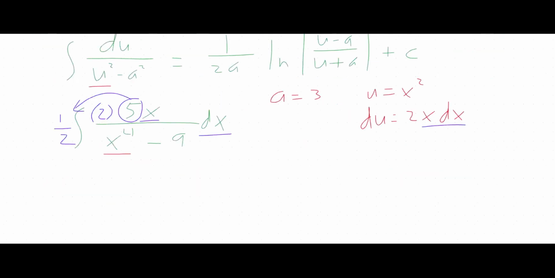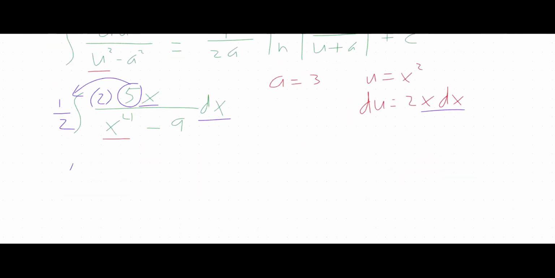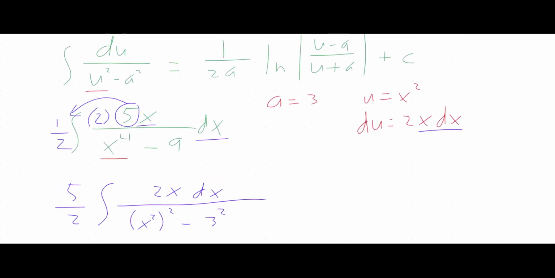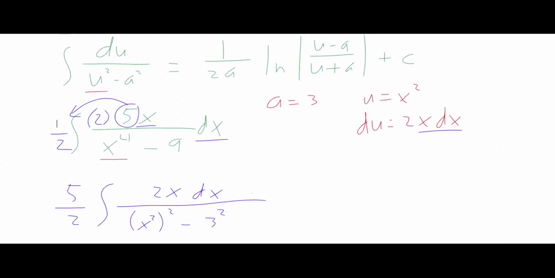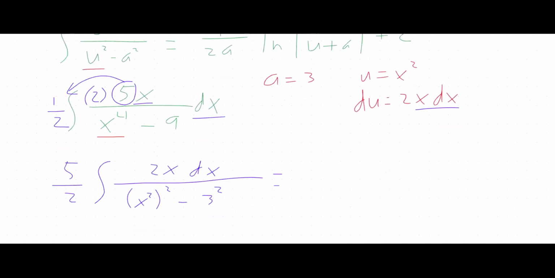So rewriting this, we get 5 over 2 integral of 2x dx. If you want to combine those together to emphasize your du, then it's going to be x squared squared minus 3 squared to make everything match exactly as we have it in the original equation. Now all we have to do is use that equation.